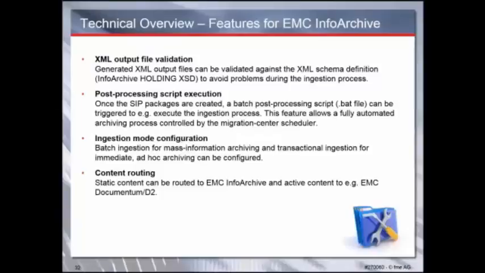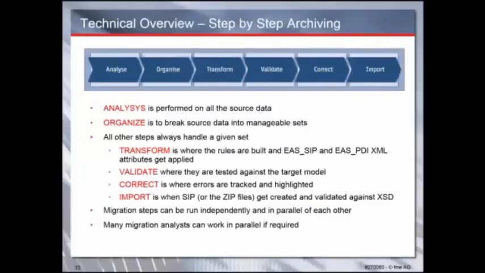We trigger the ingestion process, and then we also have, as part of that, this routing. We can push this to InfoArchive and other data into Documentum, for example, D2. I'm not going to go through each step, but this is what I was explaining earlier. We have these defined steps in our process: analyzing being collect, organizing being breaking up data into segments that make sense, where it may need to go, into Documentum or into InfoArchive.